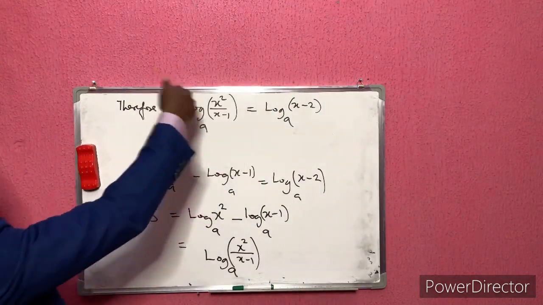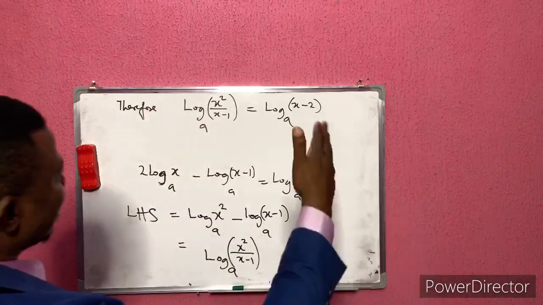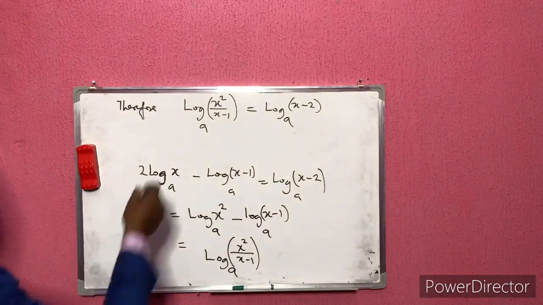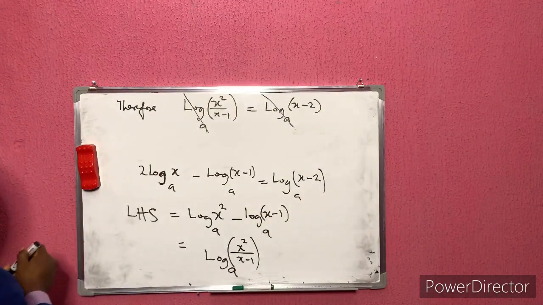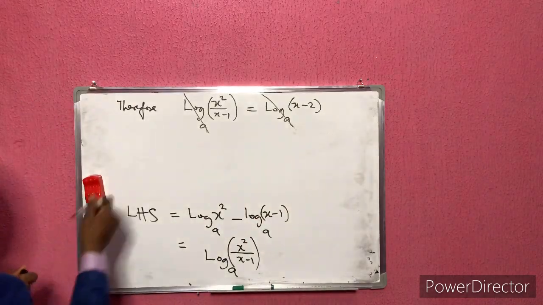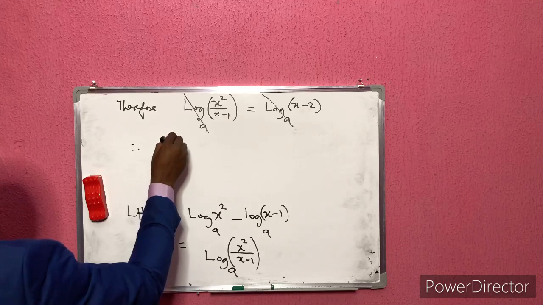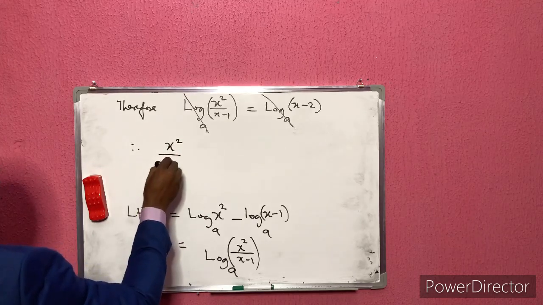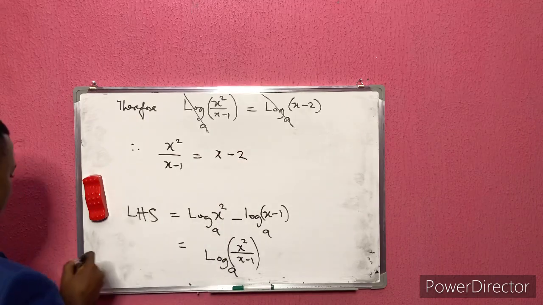Since we have the same base on the opposite side, we now cancel it. Then write this, therefore x squared over x minus 1 is equal to x minus 2.